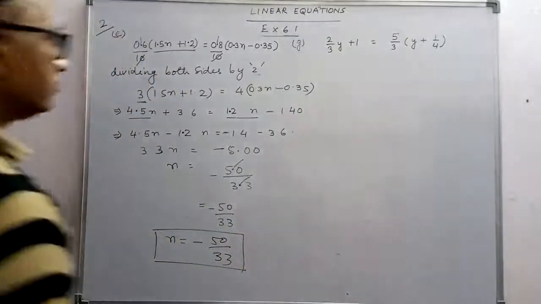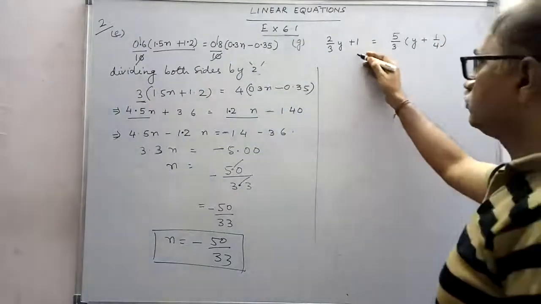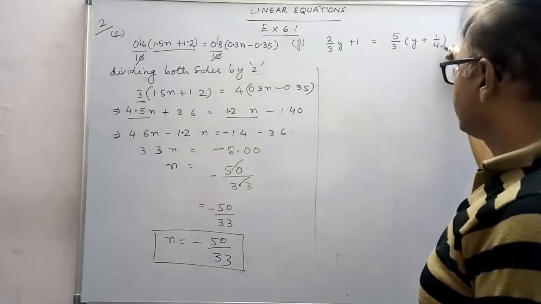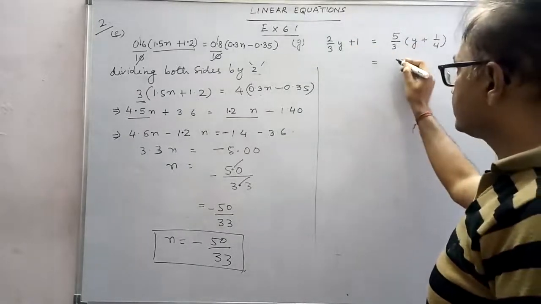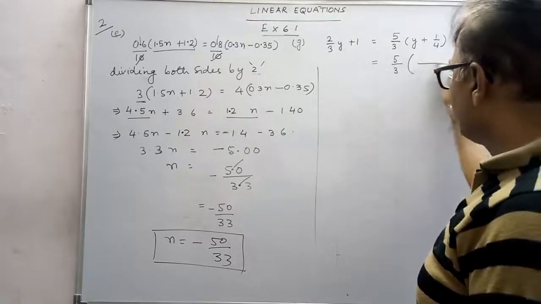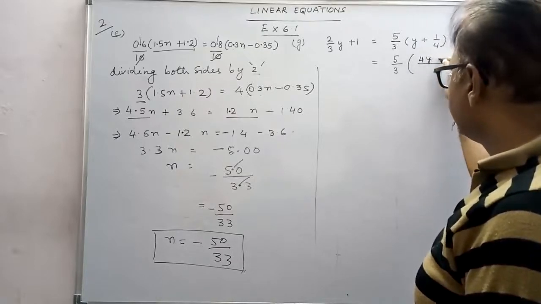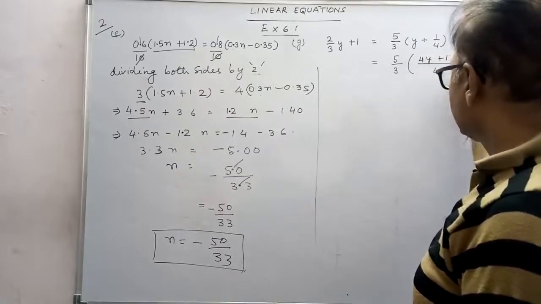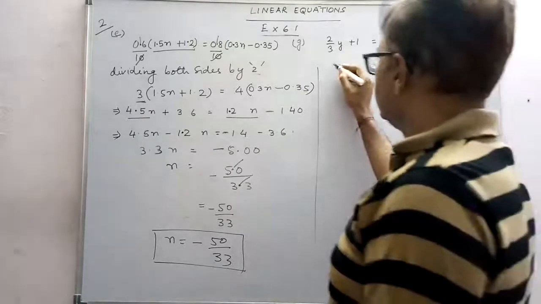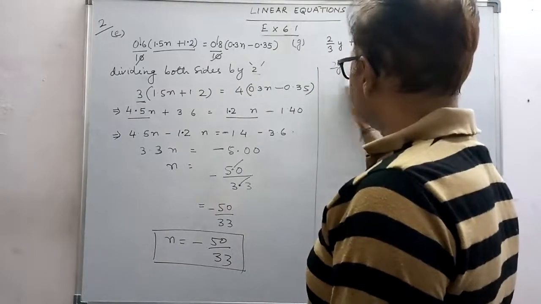Next you see this question number G. Here you are having 2 by 3 6y, 2 by 3 y plus 1, 5 by 3 y plus 1 by 4. So to solve this, first of all solve this part: 5 by 3 bracket, 4 is LCM here, 4y plus 1 bracket closed, and on the other side you get here 2y plus 3 upon 3.